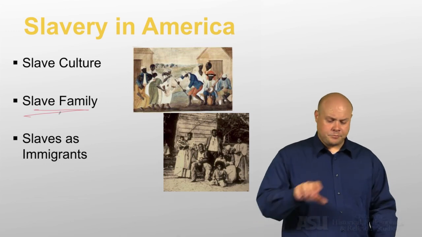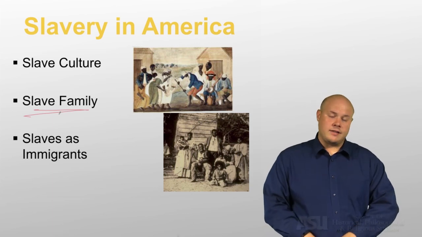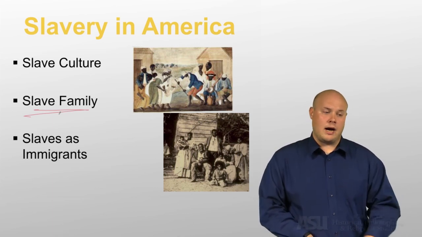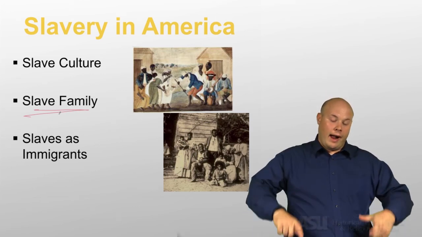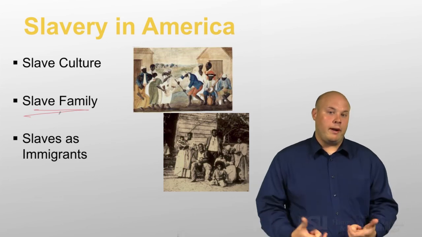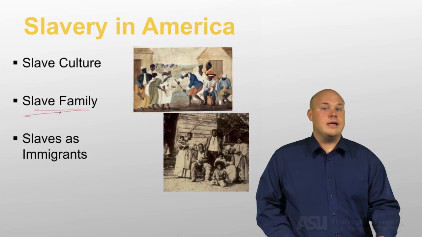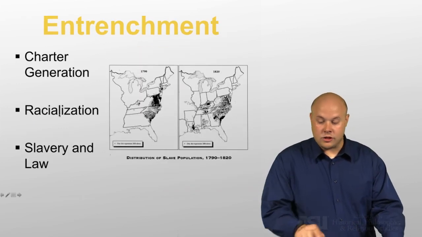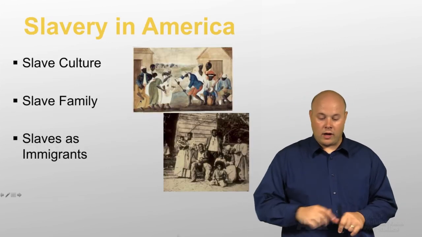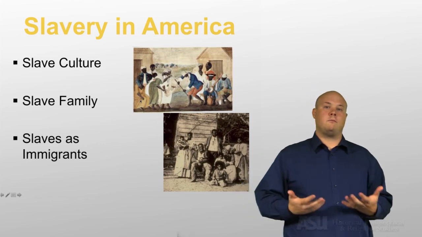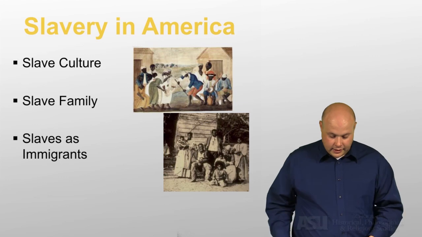And yet what we see in North America is the creation of these slave families, oftentimes across long networks, across different plantations, which are miles and miles apart. And what you have then is, again, the continued perpetuation of African American culture in the United States. As these families are living in these areas, remember, concentrated in certain places, their families are going to be living in these places as well. These families are going to become a central part of not only slave culture and slave society, but American society as well.